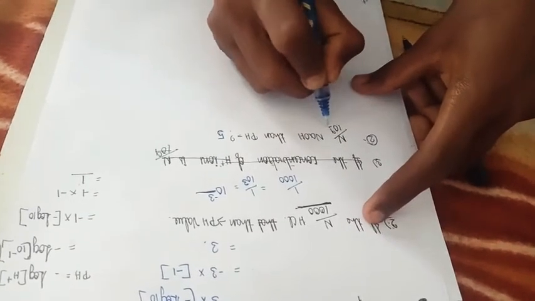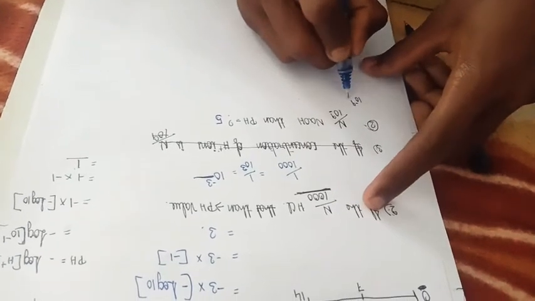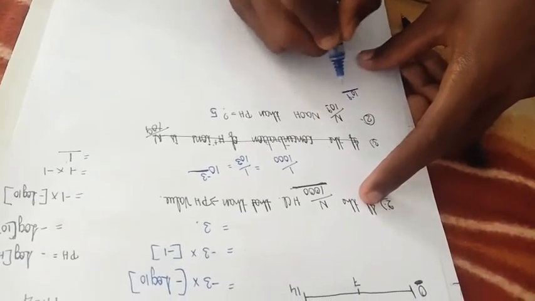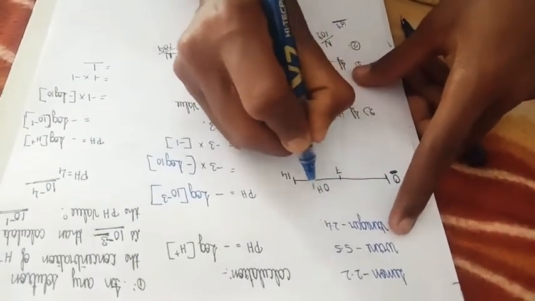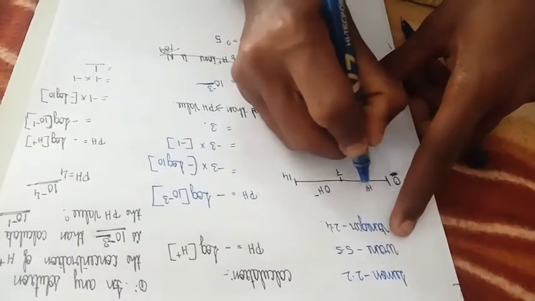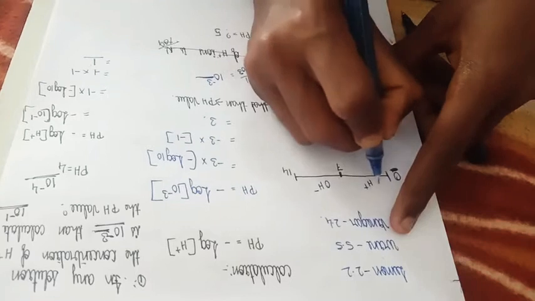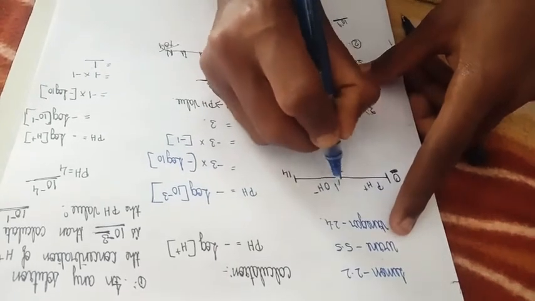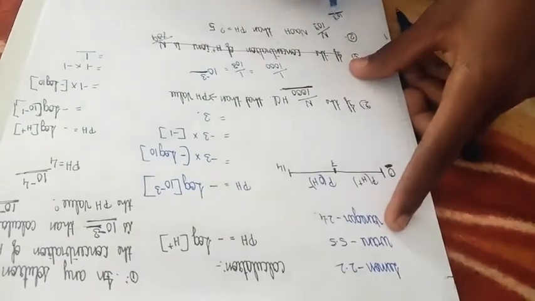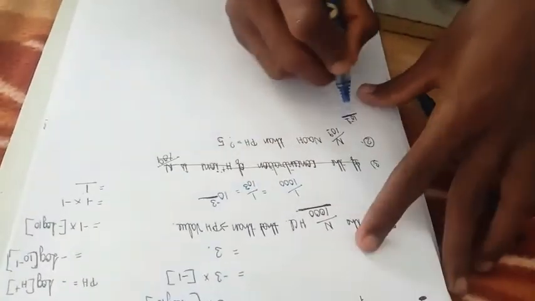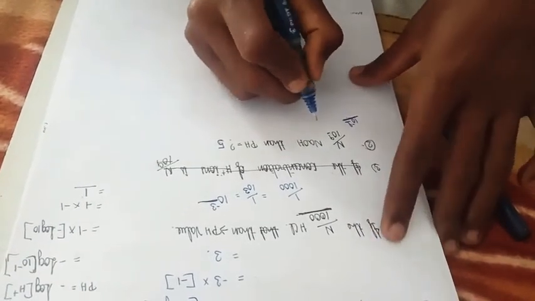If we bring it to the upper part, 10 to the power minus 9 is the OH minus, and this one is the H plus ion. 0 to 7 is pH, but 7 to 14 is pOH. So that 9 is the pOH. Then how can we calculate the pH value?